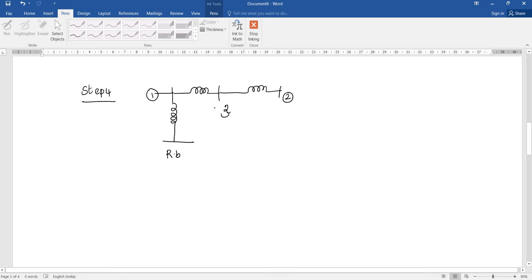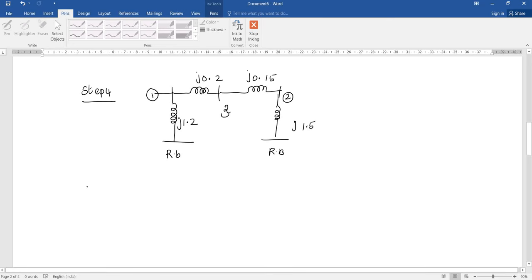Up to this you have completed. Then next is the last one. Here bus 2 is connected to the reference bus. The values are j0.15, j0.2, j1.2.